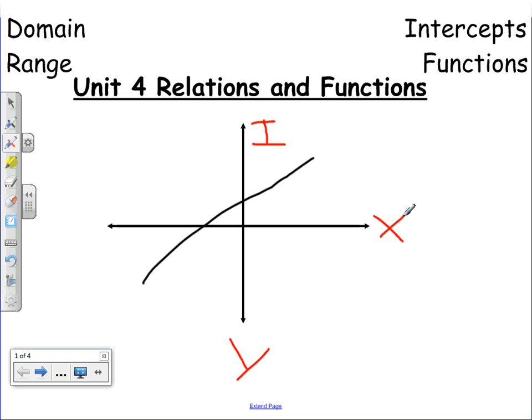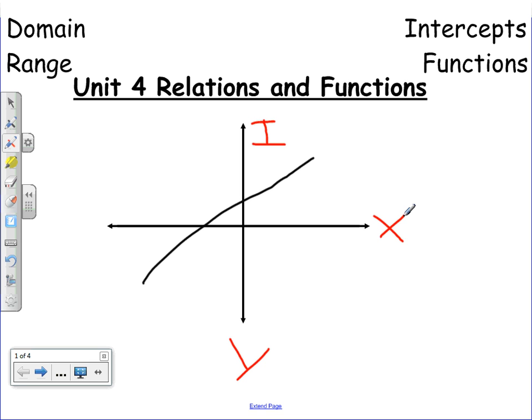Functions. This whole unit deals with relations and functions. All functions are relations. But not every relation is a function. A function is a special type of relation.